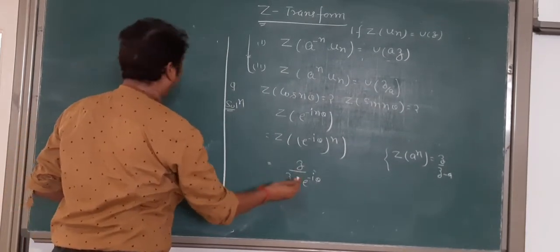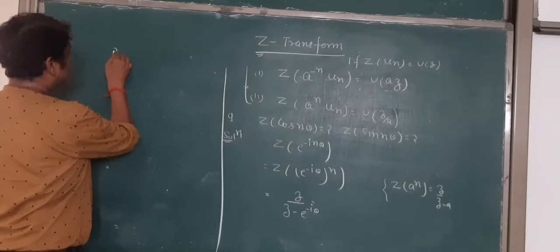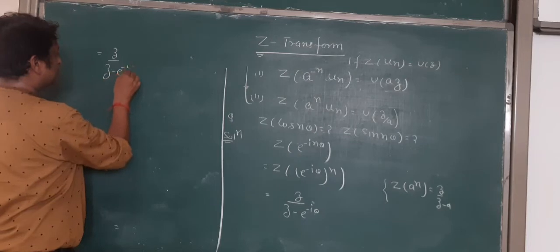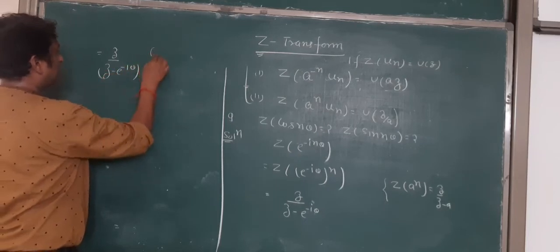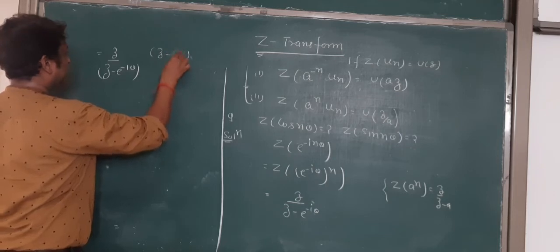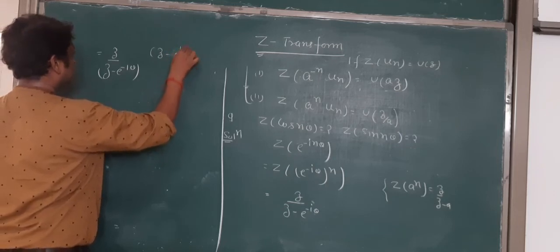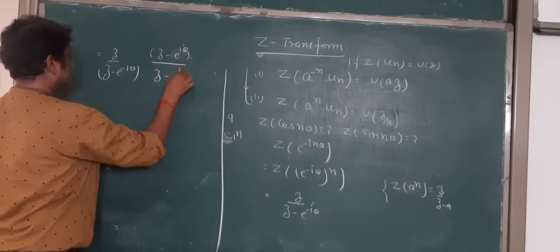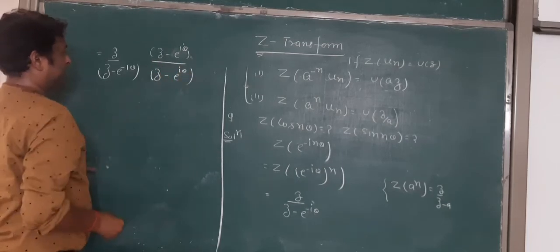Now we have to simplify this. What do we do? We multiply the numerator as well as the denominator by z minus e to the power iota theta, in both.